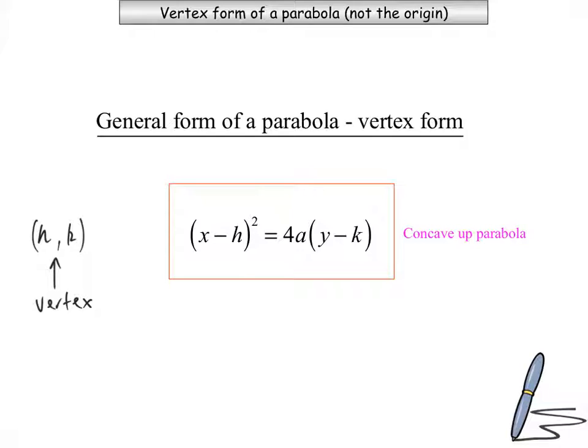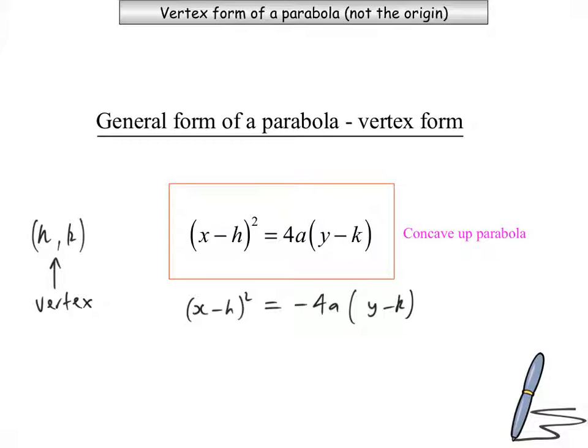If we wanted the concave down parabola, it would be very similar. It would be x take away h all squared, and you can guess it, negative 4a y minus k. If we wanted to look at the concave right parabola, a few things change here.